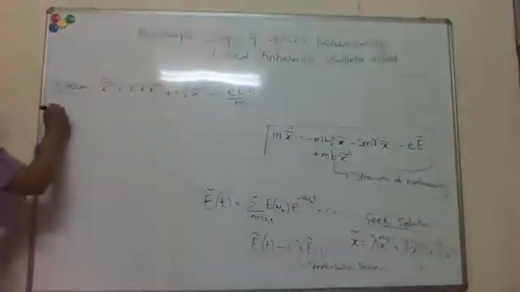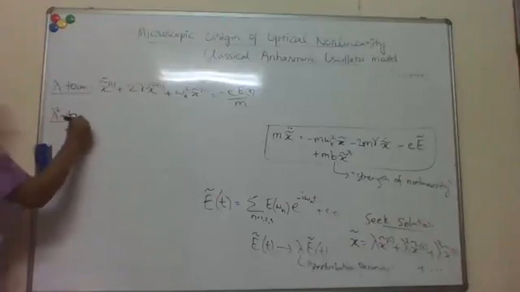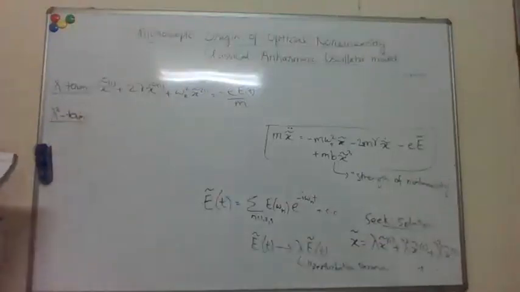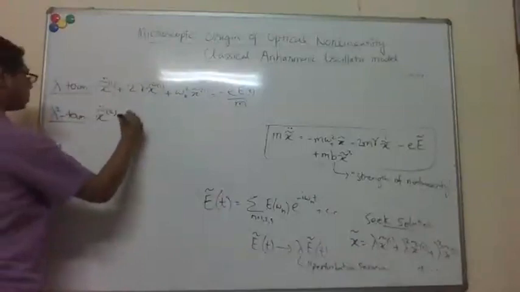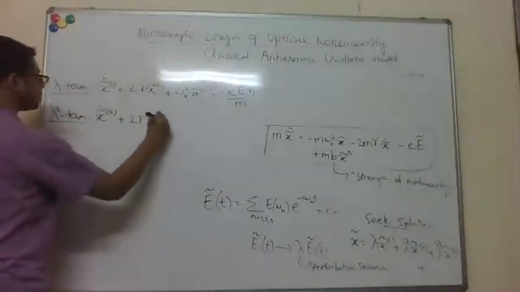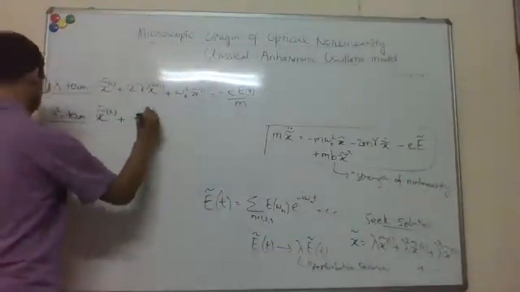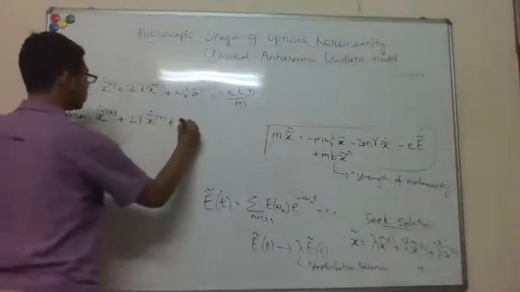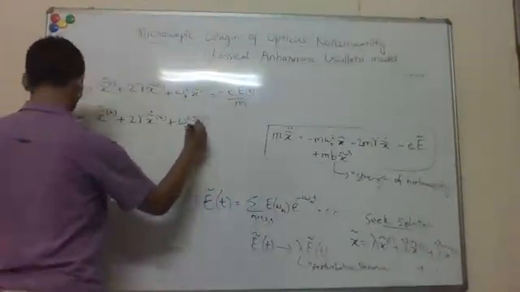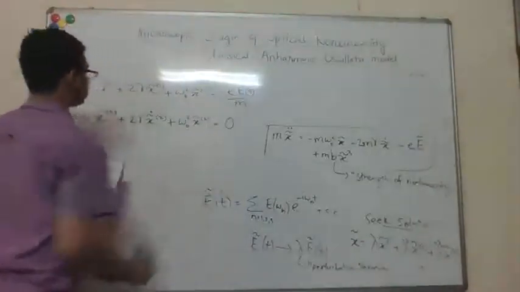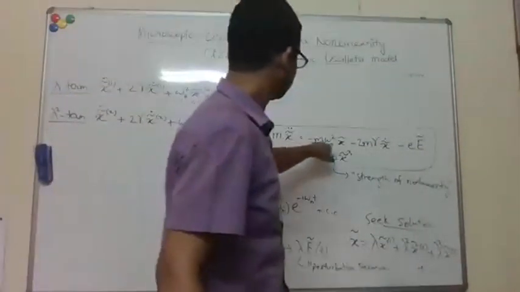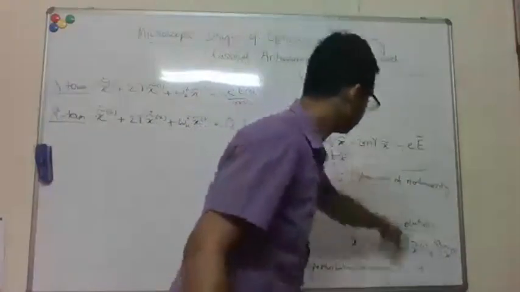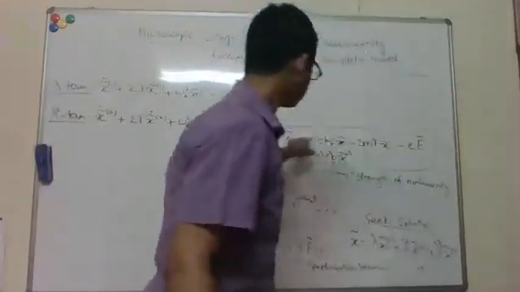Similarly, we can look for the coefficient of lambda square. As you can guess, you get x2 terms now, so x2 double dot. So the second order perturbation, we'll get all these terms, the acceleration term, the restoring force, and the damping term with x2, for lambda square.